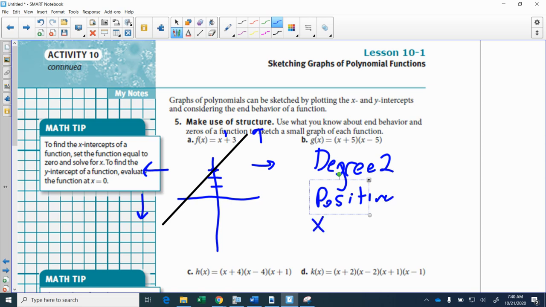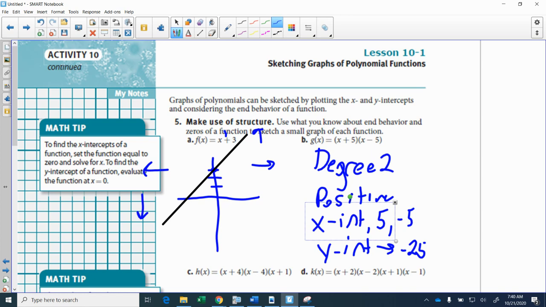I know I'm going to have x-intercepts at 5 and -5 because those are the two zeros. My y-intercept, if I did the two constants, 5 times -5, would have to be -25. So notice I can gather all this information from it.